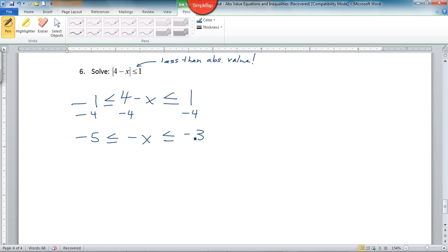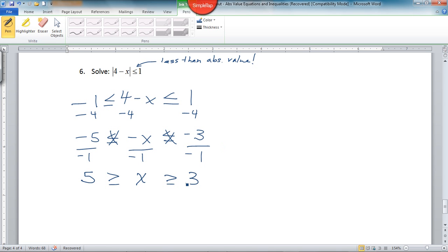All right. Well, we still need x by itself, so we're going to divide by negative 1. And we are dividing by a negative again, so that's going to kick in and make those greater than or equal to. We've got to reverse the direction of the symbol. So let's see what happens. Negative 5 divided by negative 1, that's positive 5. Negative x divided by negative 1 is positive x. Greater than or equal to negative 3 divided by negative 1 is positive 3.